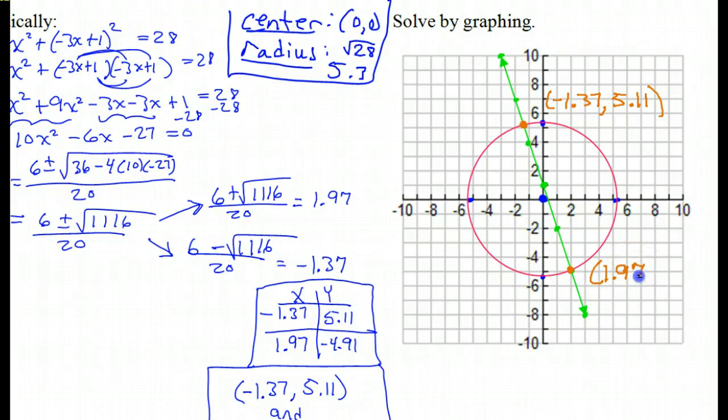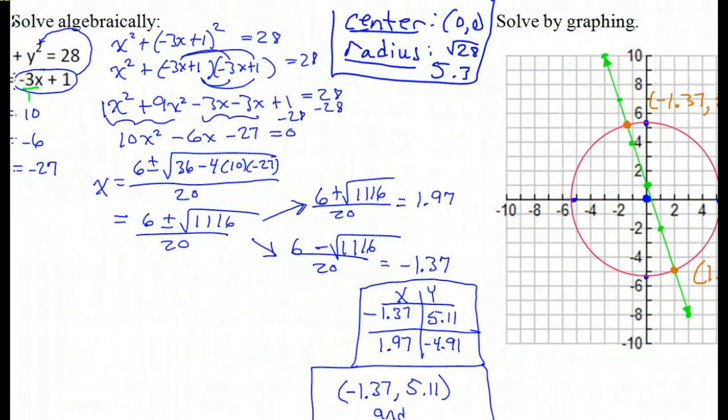So this must be our 1.97, negative 4.91. In general, if all we had was the graph, we would be able to estimate, but we wouldn't be able to come up with this kind of accuracy to the decimal point. So we really need to solve things algebraically when we want a solid answer.